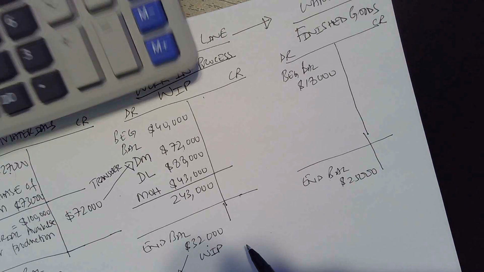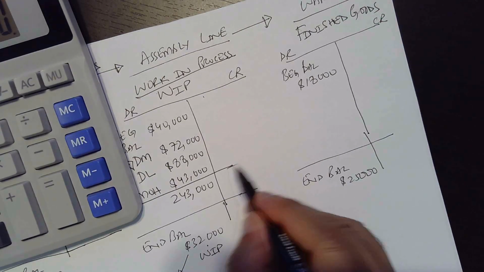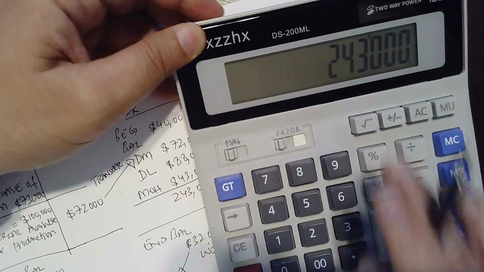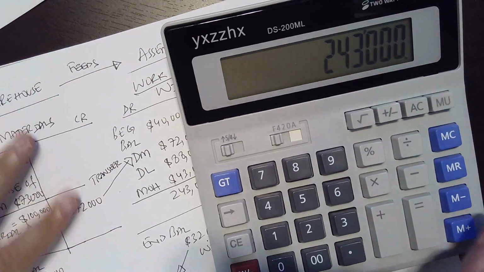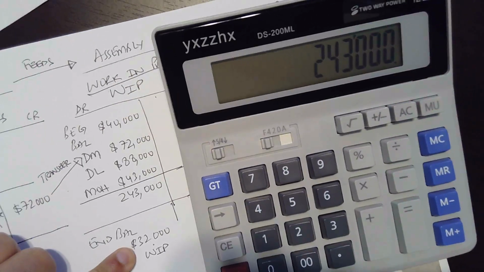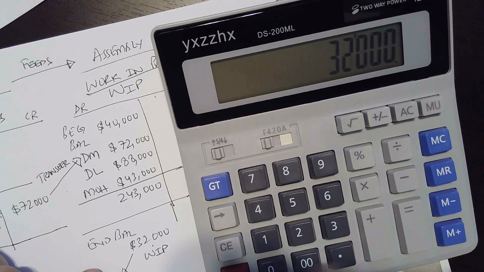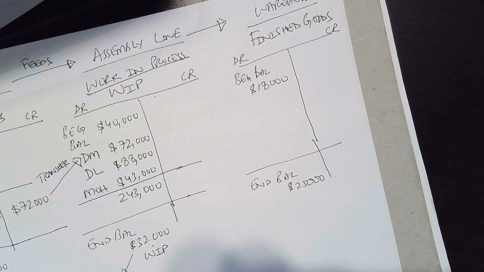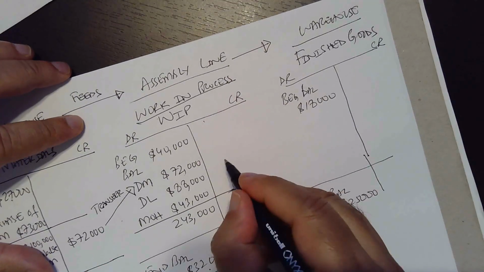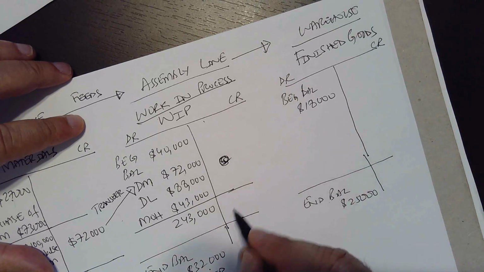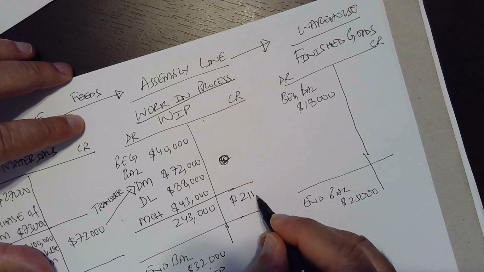So how much did we manufacture? So basically what we are saying, 243 minus the ending balance of 32,000, we have $211,000. So the difference here is 211,000.